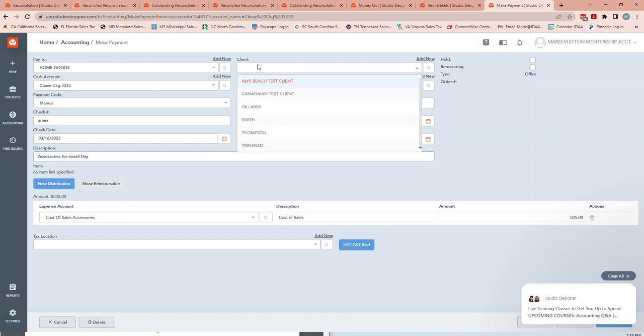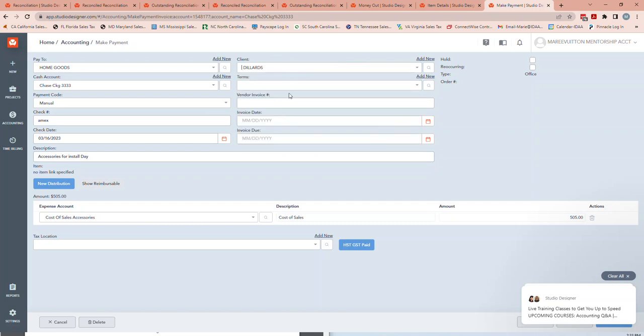Now, I will code it to a client. Let's just say this client, you know, I can put whatever I want. Now here, if I know that all accessories were kept, which isn't always the case, as we all know for those of us that have been doing this for a while, I do it a number of ways.